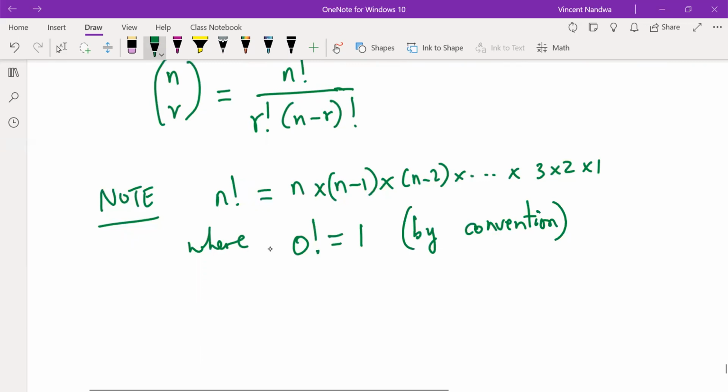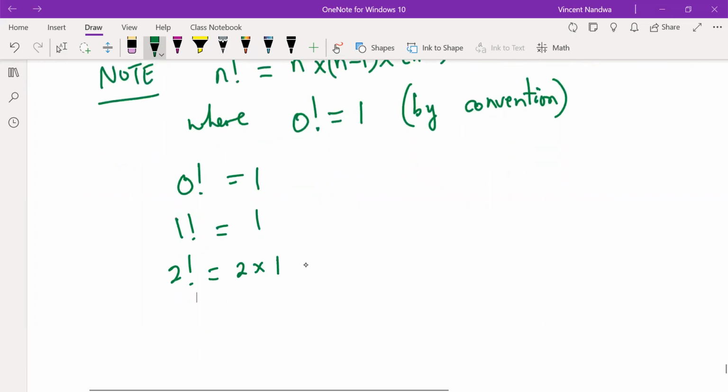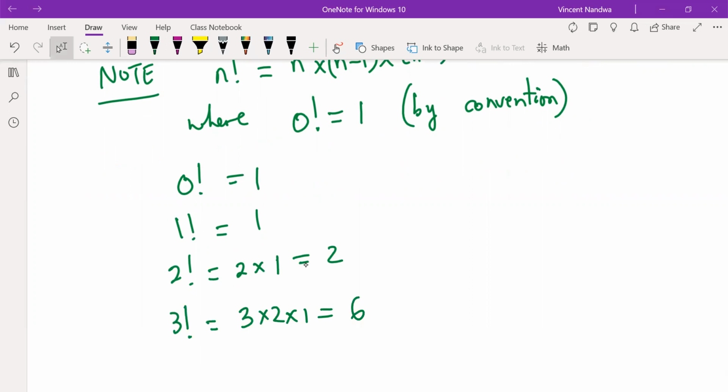So for example, 0 factorial is 1 by definition. 1 factorial means 1. 2 factorial means 2 times 1, which is 2. And then 3 factorial is 3 times 2 times 1, which is 6.